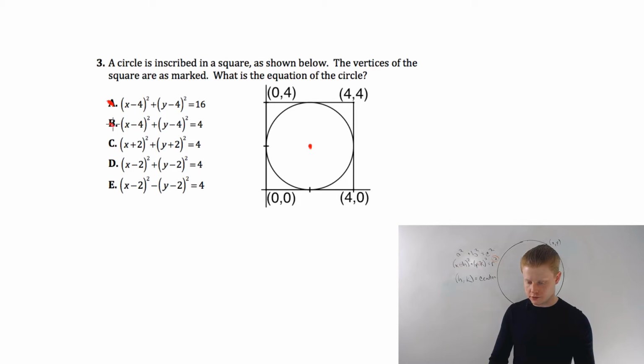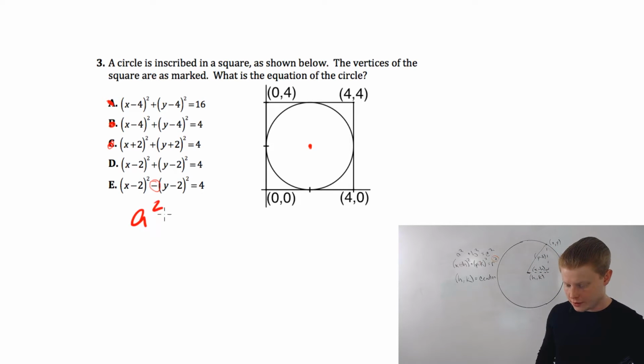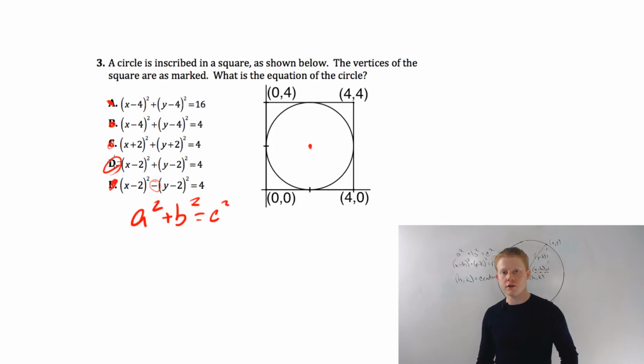That's not it either. And it's not going to be, well, that's plus 2, which would mean the center was at -2, -2. That's not right. And then if I remember, this is supposed to be positive, right? Because a squared plus b squared equals c squared. That's not a squared minus b squared. That one's out. Okay, that was pretty easy.